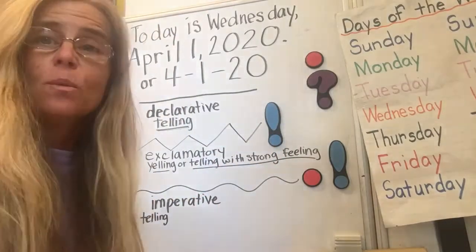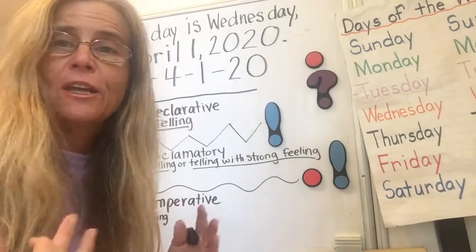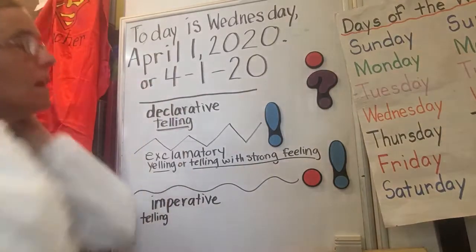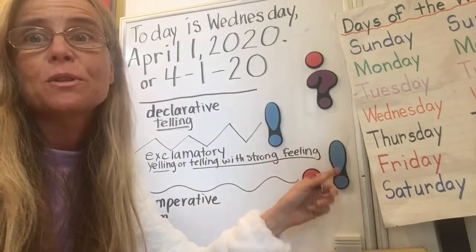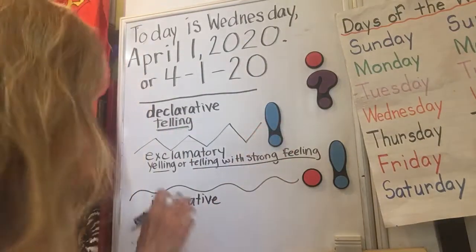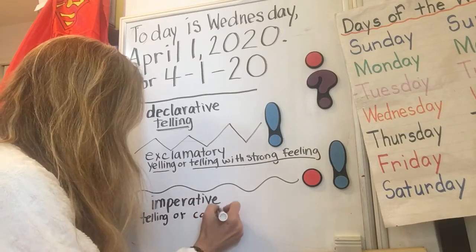Imperative sentences. Put that stuff away. Sit down. Why would you do that? Oh my gosh. Oh my goodness. Go outside. Come back inside. Wash your hands. Yeah, most of those are probably exclamation points. But commands can just end with a period as well. So imperative is telling or commanding.